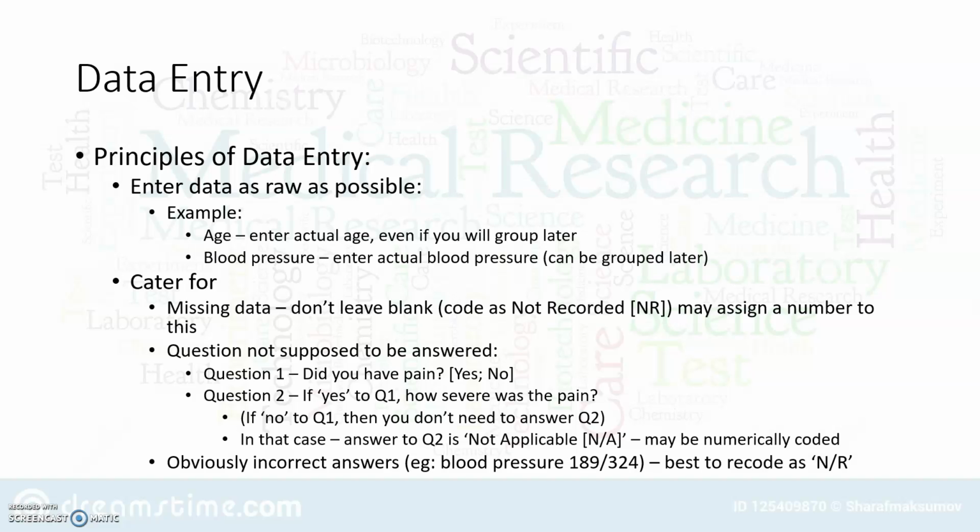However, in the beginning, just collect the age of the patient. The reason for this is that you may have an idea how you want to divide your ages up, and then after you finish the research, you realize you should have divided the ages up differently. If all you collected were age groups, then you can't do anything about that. But if you collected the actual age of the patient, you can divide them into any age groups you want when you reach this stage of data analysis.